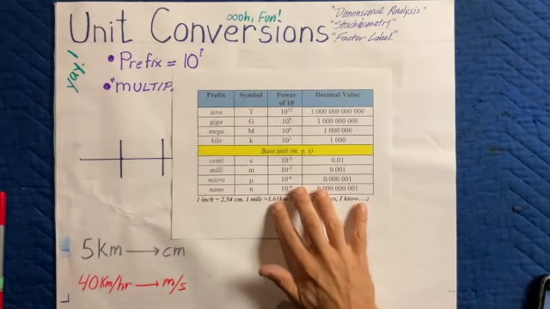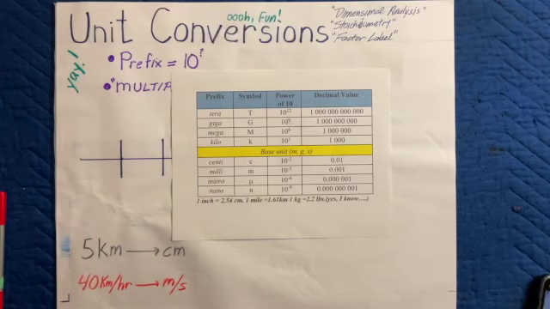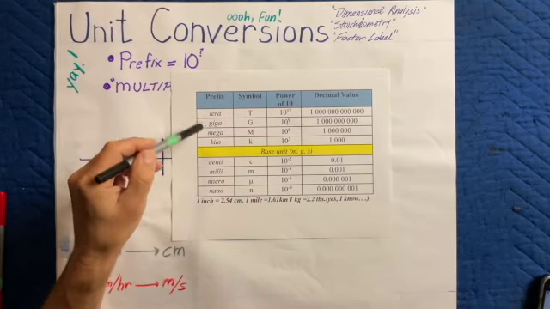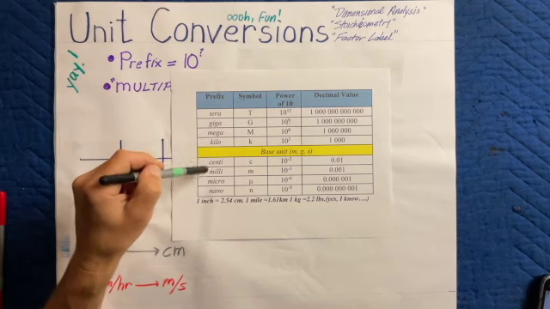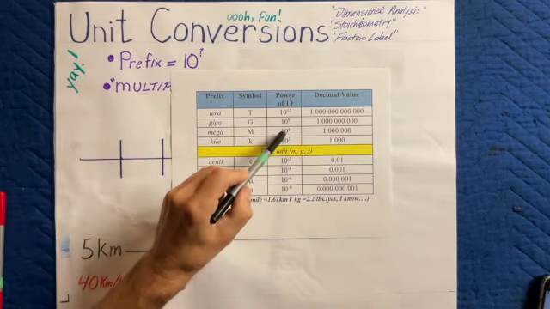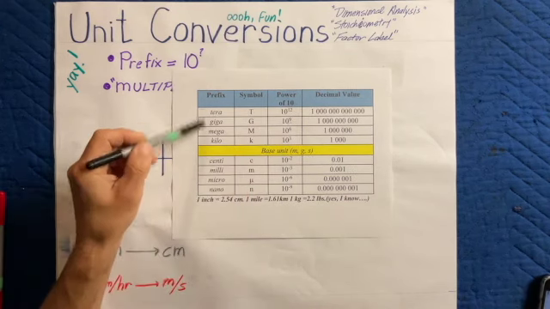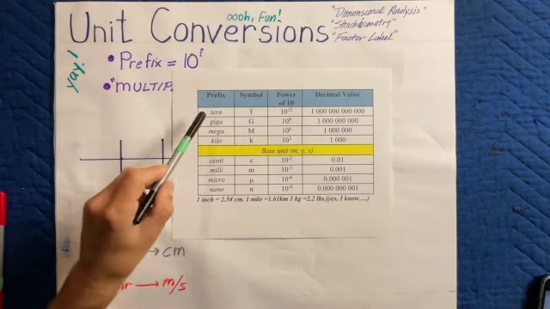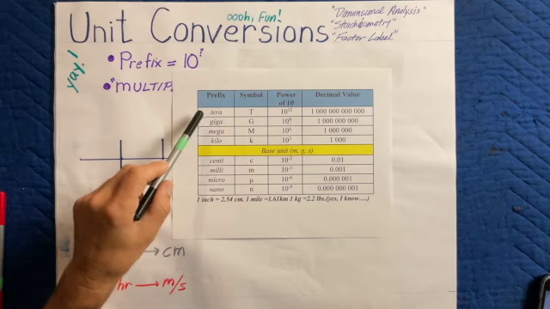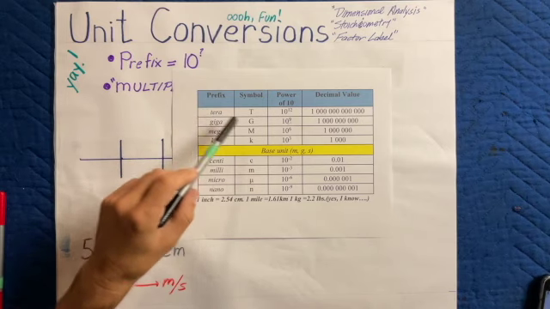Here's a little view of the prefix table. We typically look at these specific prefixes. There are many more on the table because they really go by powers of 10. So they'd be 10 to the 4th, 10 to the 5th, 10 to the 7th, 8th. These are the big ones. If the word is written out, like say a hard drive is 2 terabytes, it's going to be terabyte.